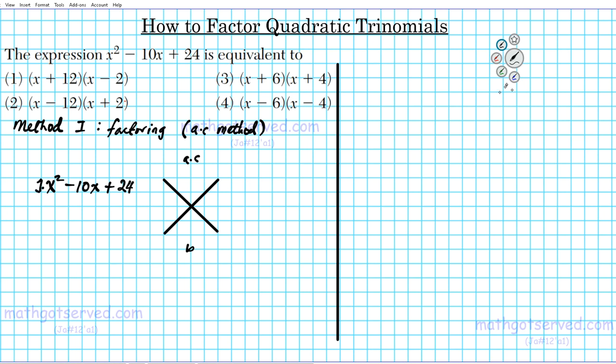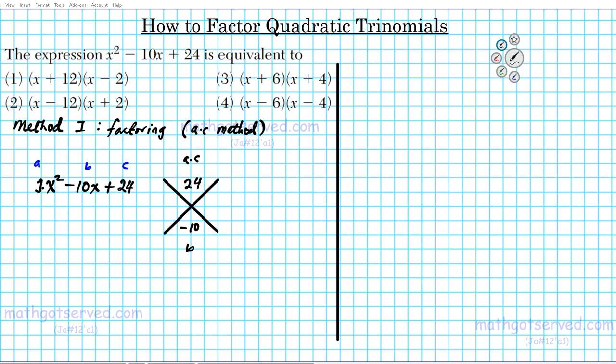So in this setup, A is the leading coefficient, B is the coefficient of the linear term, and C is a constant. A times C goes on the top, which is 1 times 24, which is 24, and then B as the coefficient of the linear term goes in the middle. Notice you do not attach the variables, we're just extracting our numbers.